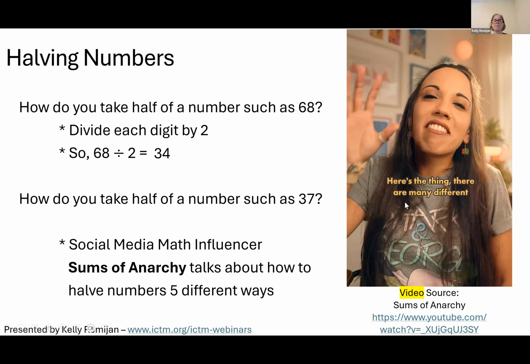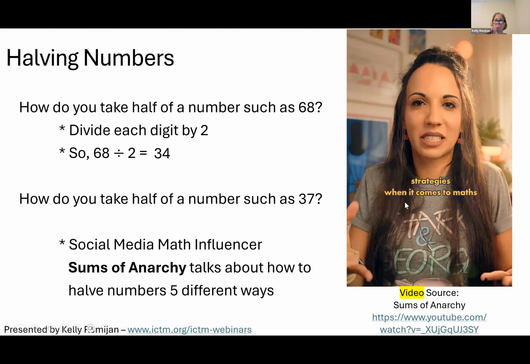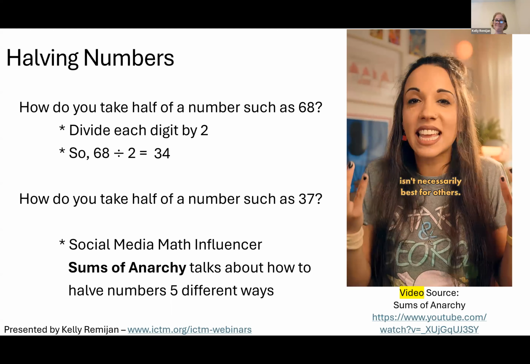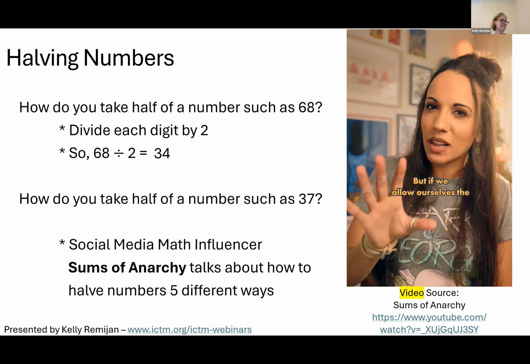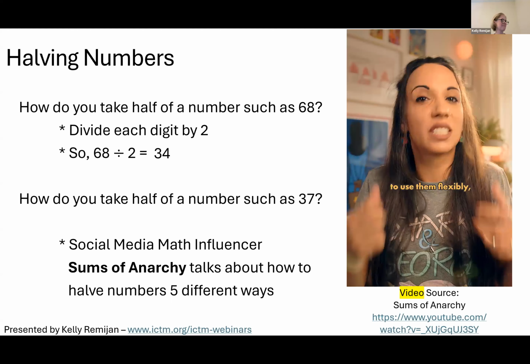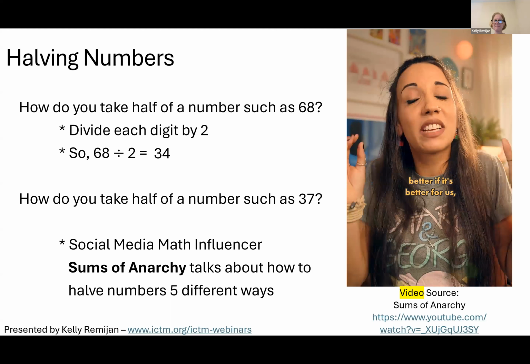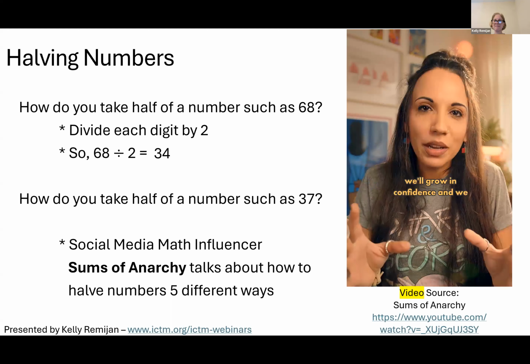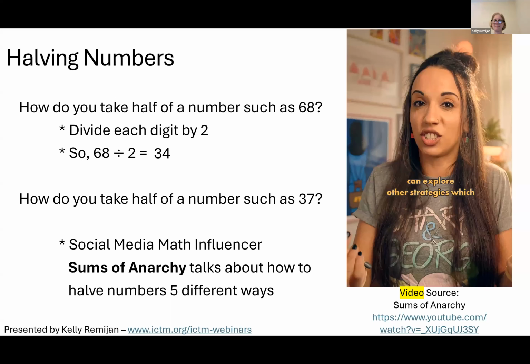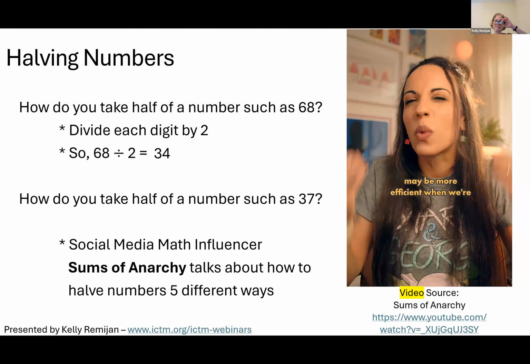Here's the thing, there are many different strategies when it comes to maths, and what's best for some of us isn't necessarily best for others. But if we allow ourselves the freedom to play with numbers, to use them flexibly, to accept that a method is only better if it's better for us, we'll grow in confidence and we can explore other strategies which may be more efficient when we're ready for them.